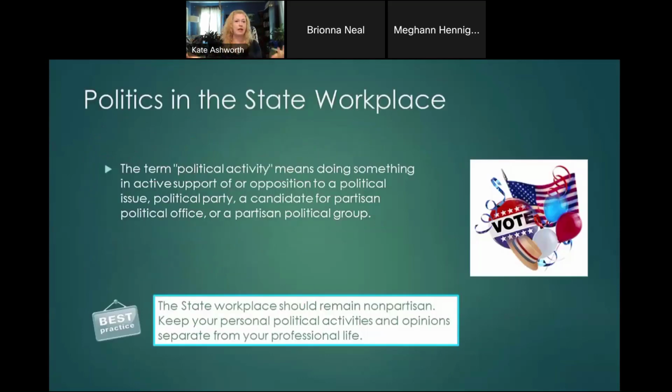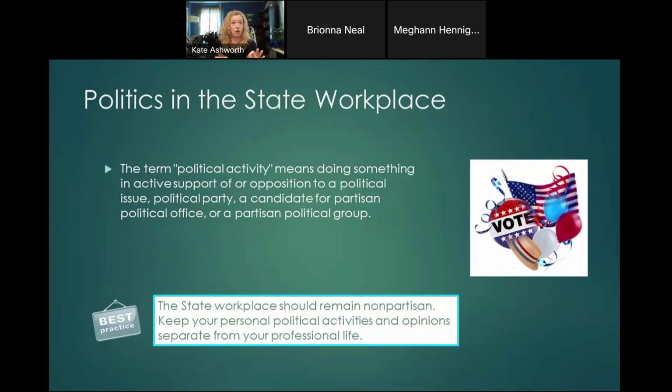Now, we define what political activity is. I don't think anybody will need that, but political activity means what you think it means: doing anything in active support or opposition to any political issue or party or candidate or group, right? Big, broad umbrella definition. This is not one of those legal terms of art. And the best practice note at the bottom here is really the main takeaway.